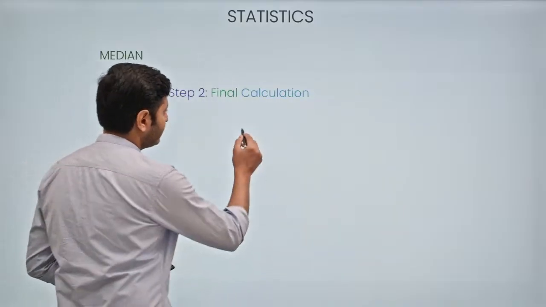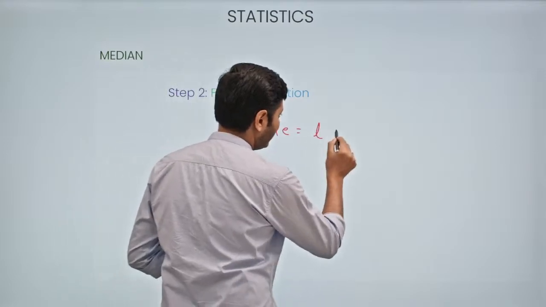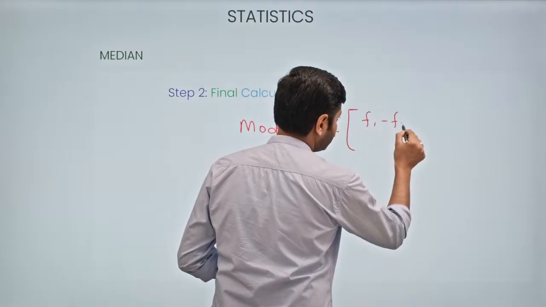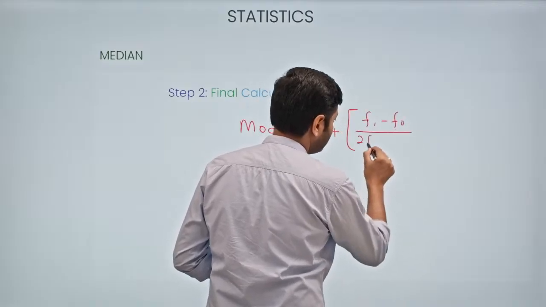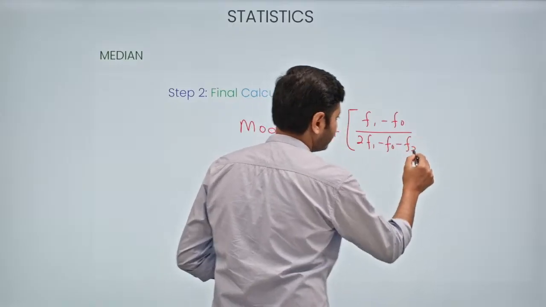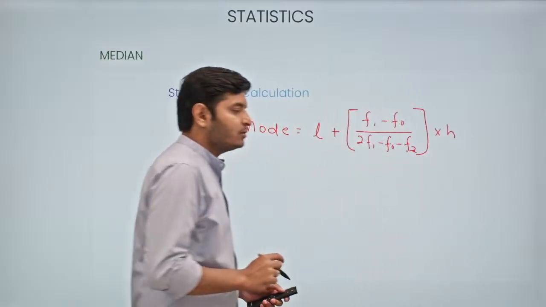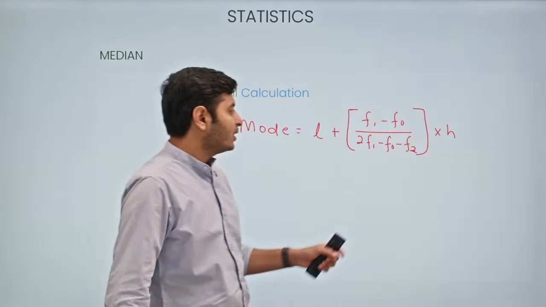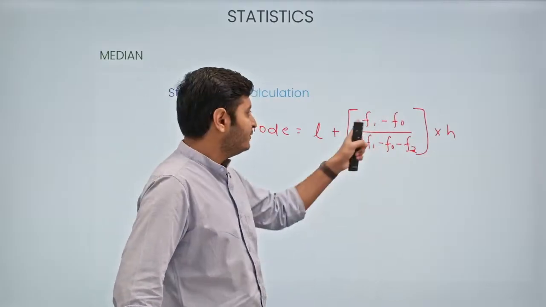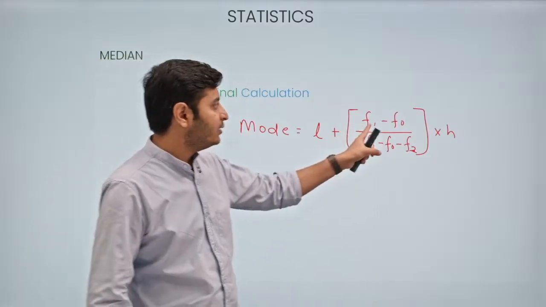So here we can apply the formula: mode is L plus F1 minus F0 divided by 2F1 minus F0 minus F2, into H. Now one thing you can observe here: when we are only subtracting F1 minus F0, then we are not multiplying F1 with any number, because we are subtracting only one value.